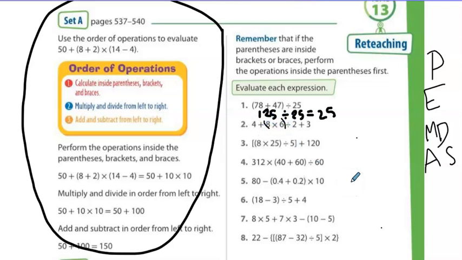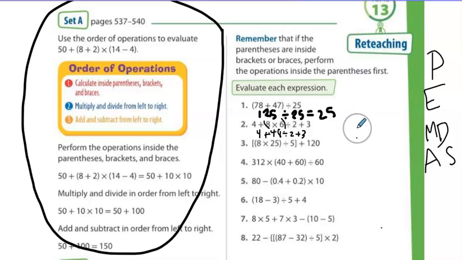So we want to do 8 times 6 first, which is 48. And then we want to bring everything else down. Okay, so bring everything else down, and then we're going to go through that step again. Do we have parentheses? No. Do we have exponents? No. Multiplication or division? Yes. So we're going to do 48 divided by 2.